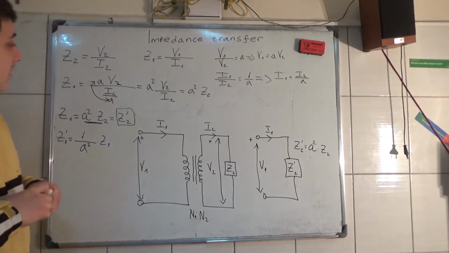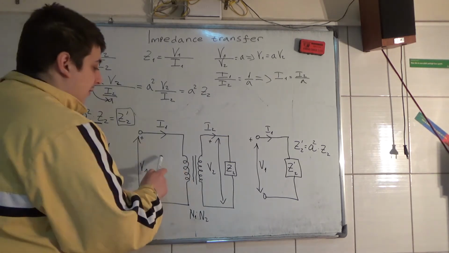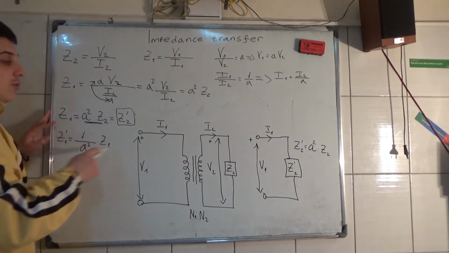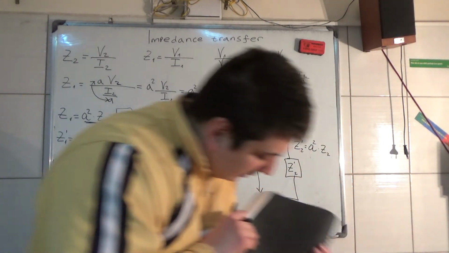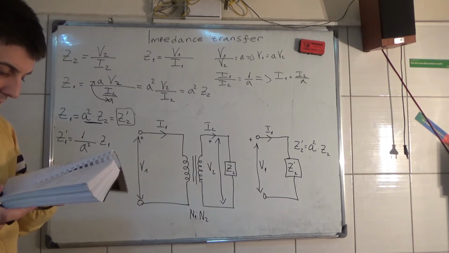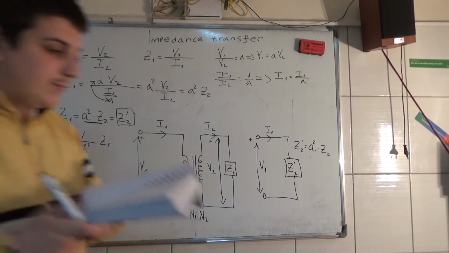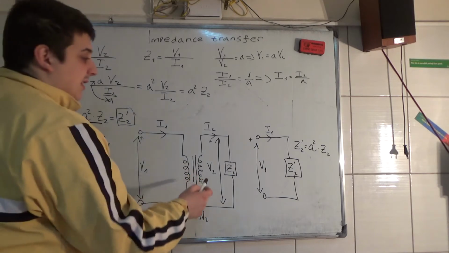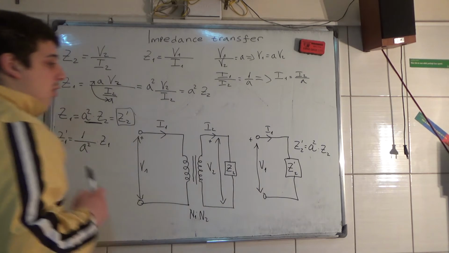So the impedance looking from the primary side is Z2 prime, which is equal to A squared times Z2. So Z2 prime is an impedance looking from the primary side, and then we get a simplified circuit over here.